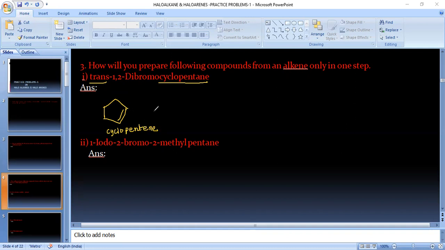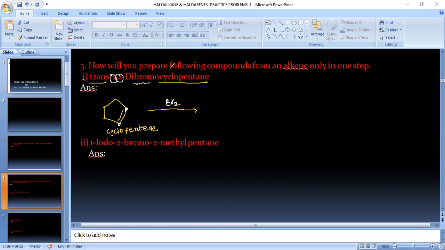Cyclopentene. Now this compound should be converted to dibromo, that means bromination. It should react with bromine. One bromine attacks this carbon and another bromine attacks this carbon, because here we need to get trans-1,2-dibromo.